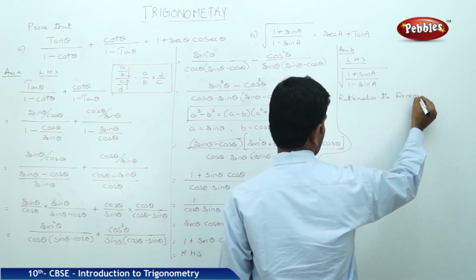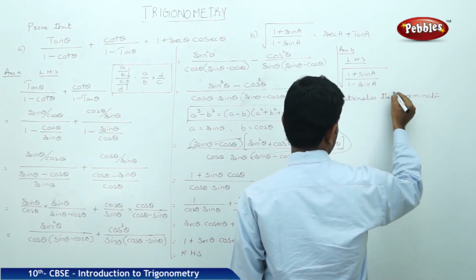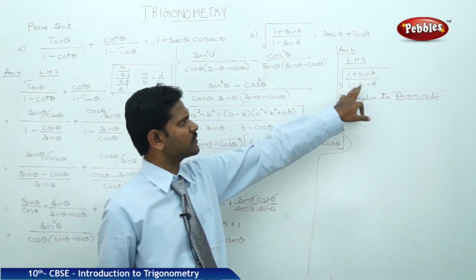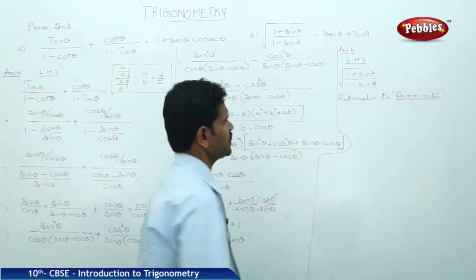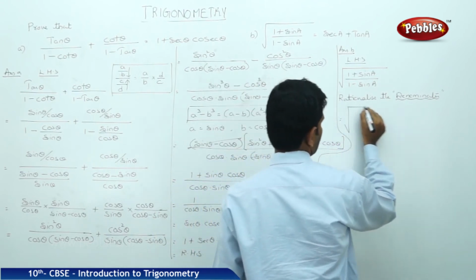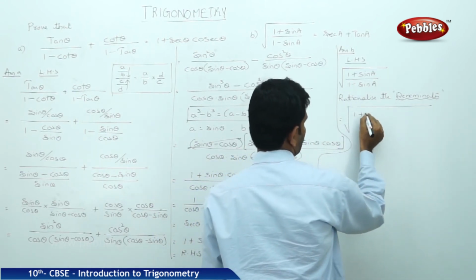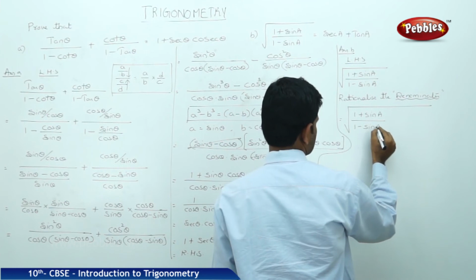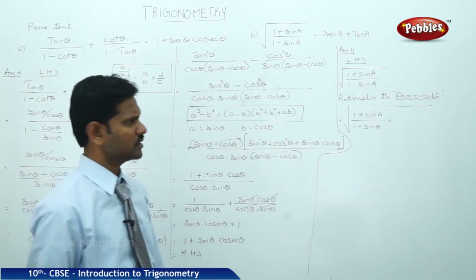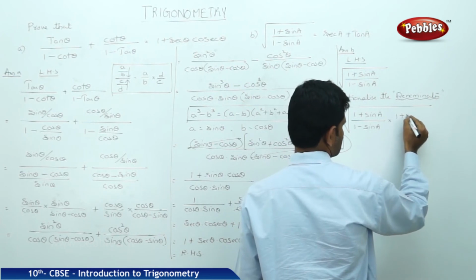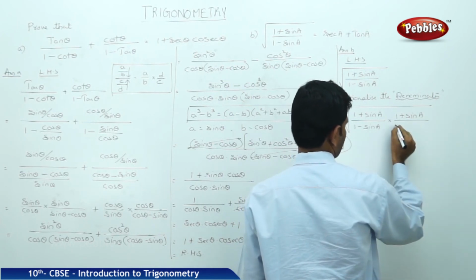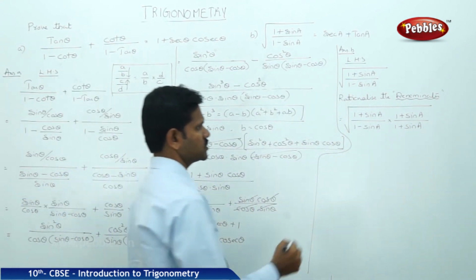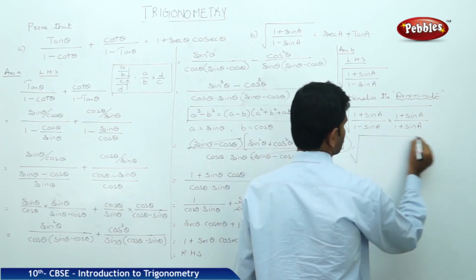The denominator is 1 minus sin A. Rationalization means root over 1 plus sin A by 1 minus sin A into 1 plus sin A by 1 plus sin A, that is equal to root over.